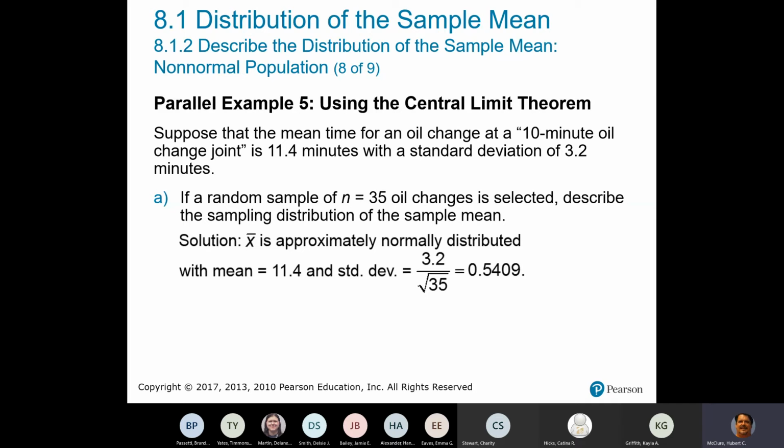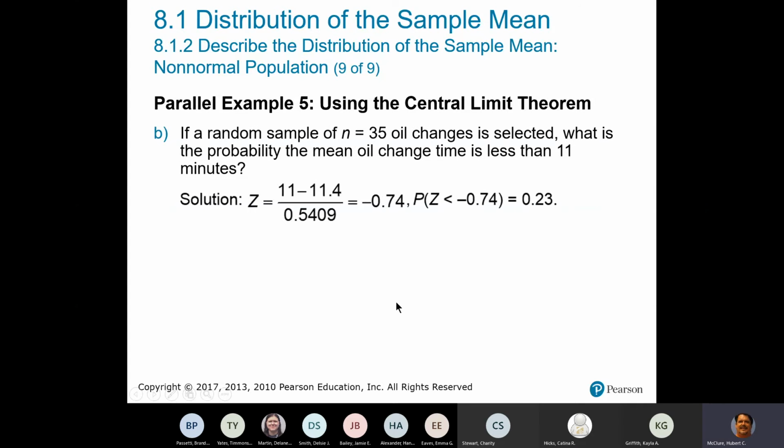Then they tell us that n is equal to 35. You research 35 more people or customers, and they want to know the probability that the oil change is less than 11.